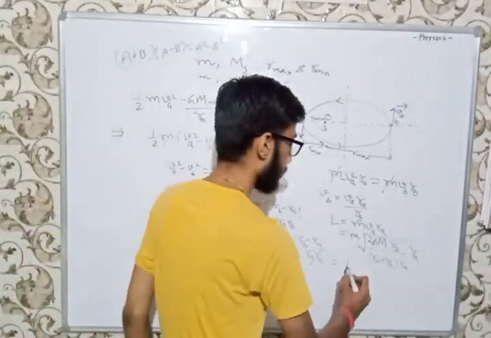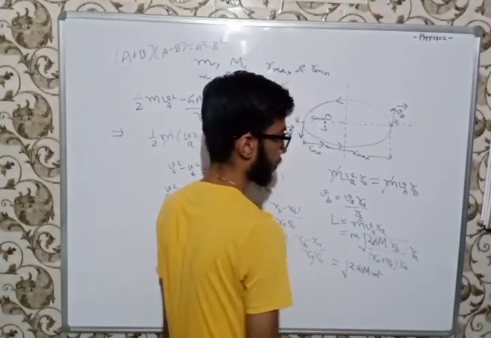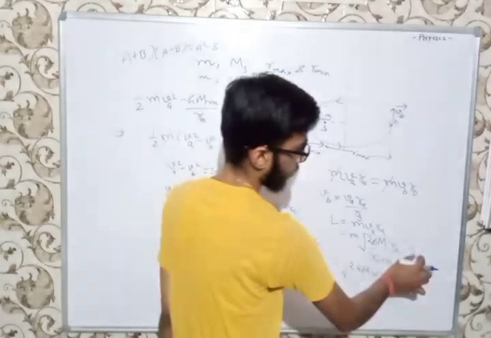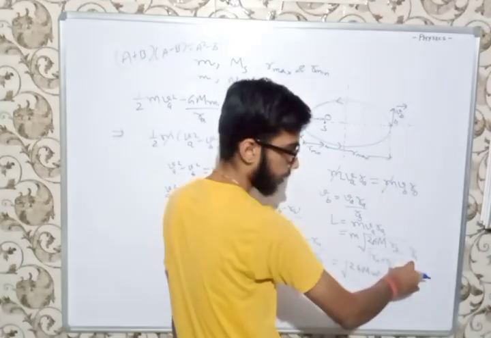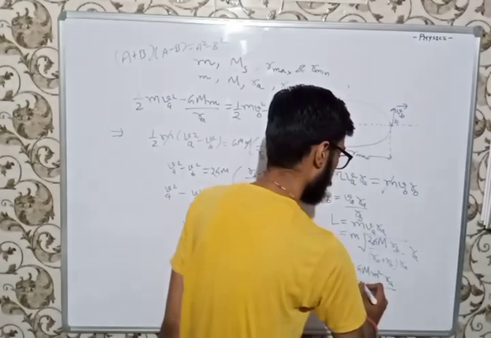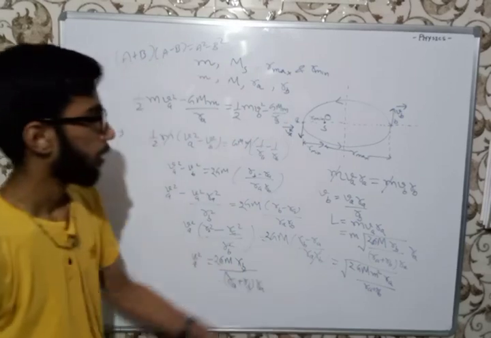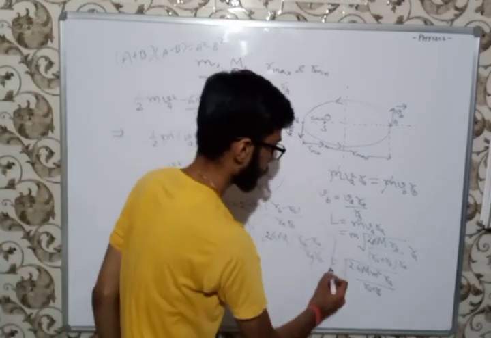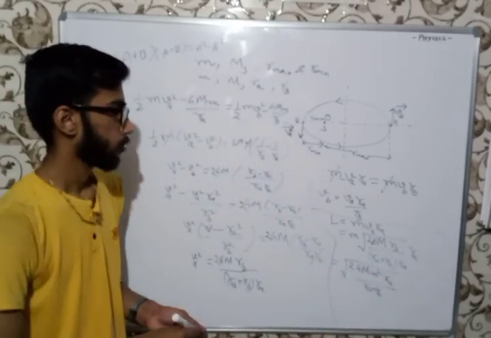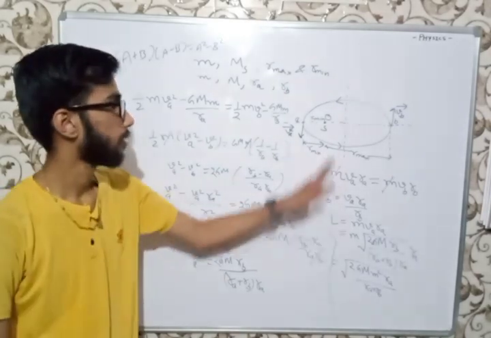So I can write it as under root 2G capital M small m square RB, and RA means under root RA into under root RA. So it is simply RA over RA plus RB. It will be the angular momentum of the body. So it is the angular momentum of the planet with respect to the sun.